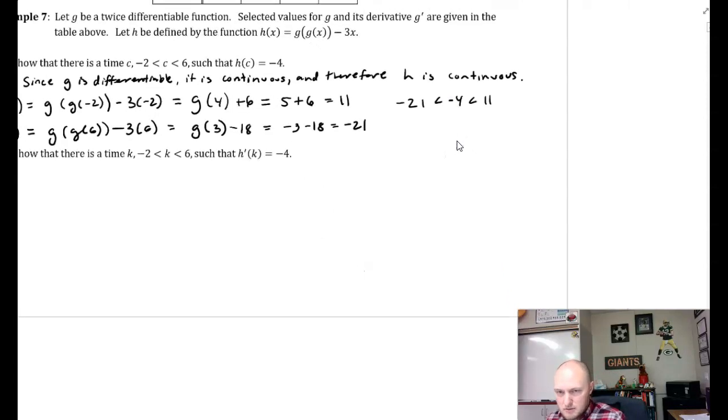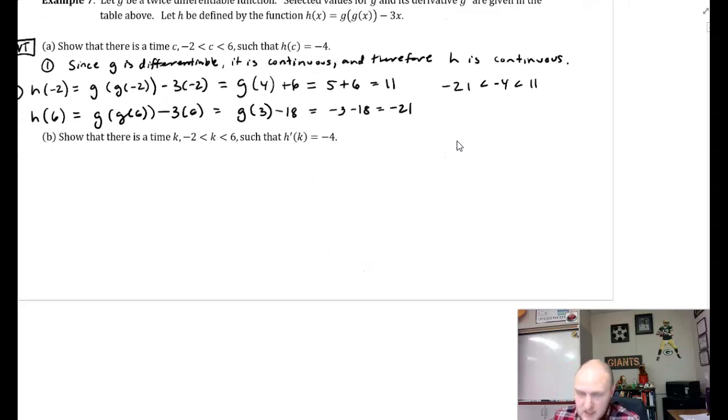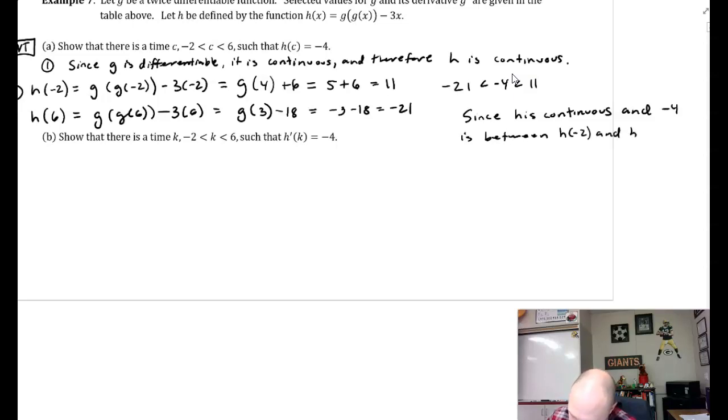So now I just need the conclusion. I've already written out that since g is differentiable, it's continuous, and therefore h, by consequence, is continuous. So I can say since h is continuous and -4 is between h of -2 and h of 6, now we apply our conclusion.